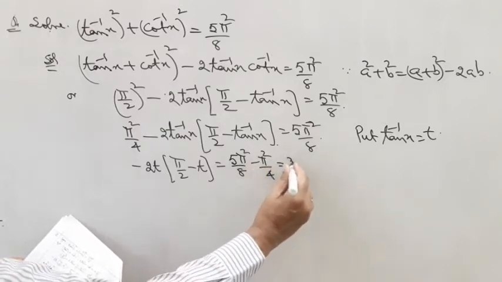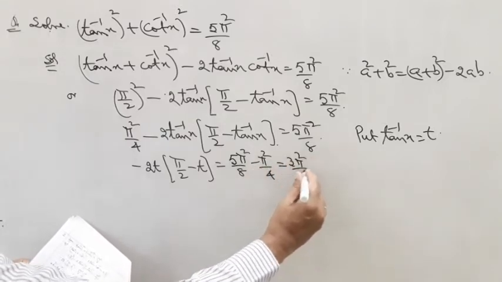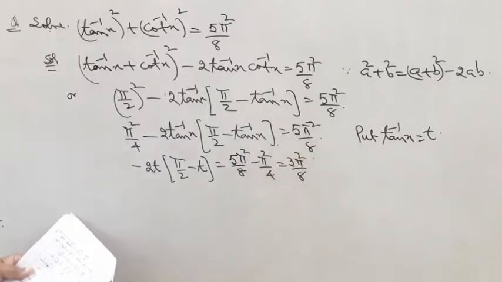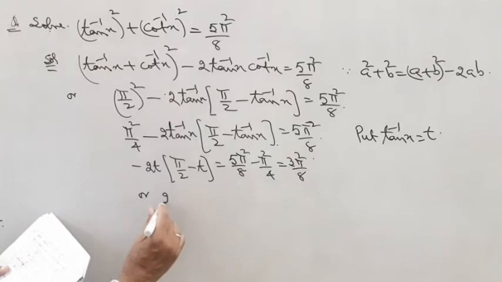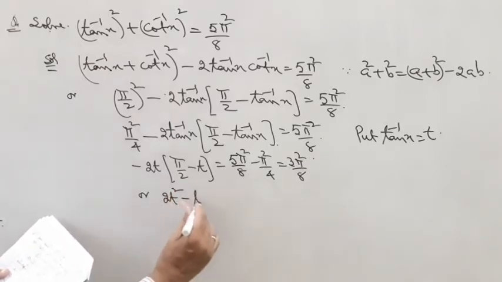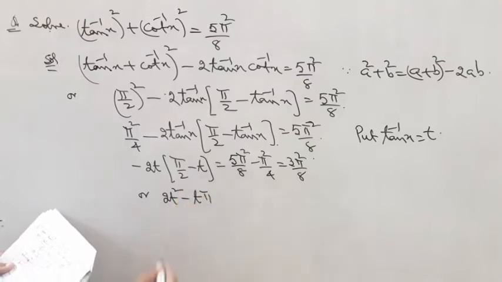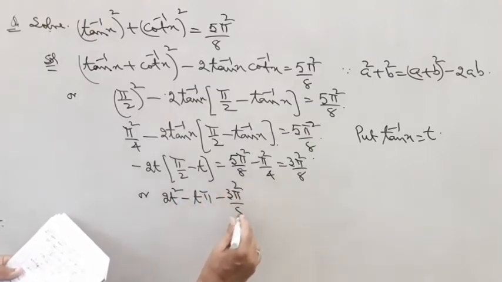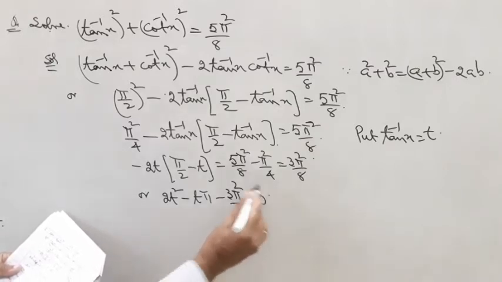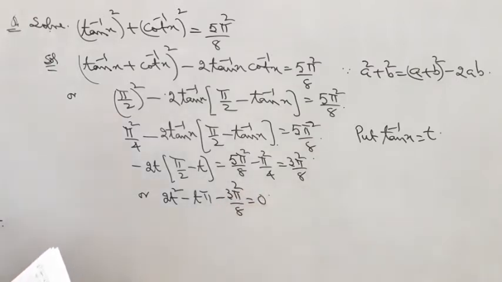It is equal to 3 pi square upon 8. Or when you simplify, it is 2t square minus t pi minus 3 pi square upon 8 is equal to 0. Check out. You will verify this when you open the brackets.